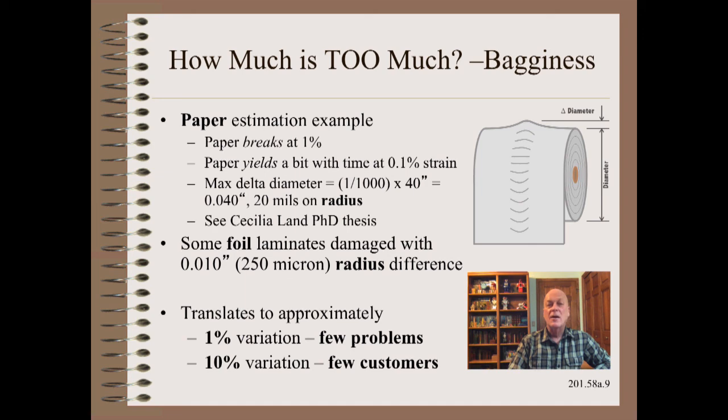I have done work on foil laminates where far smaller variations caused bagginess. Even though film is tougher, the dead soft foil sandwiched between stretched permanently on tiny gauge bands.